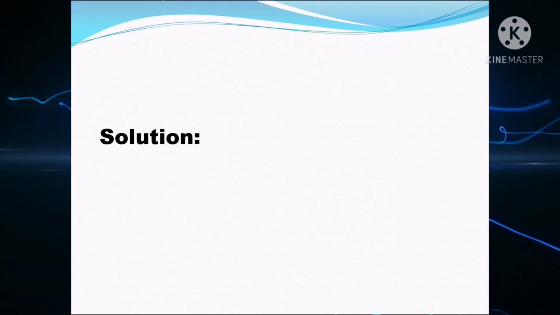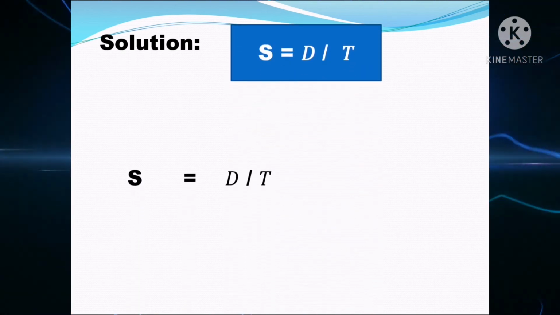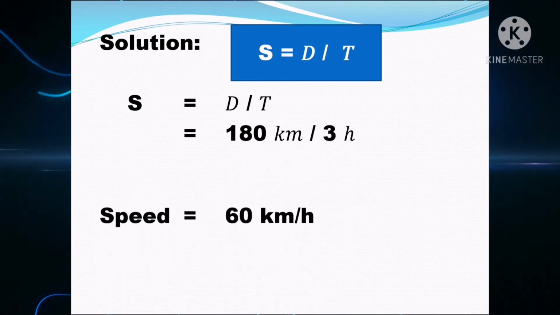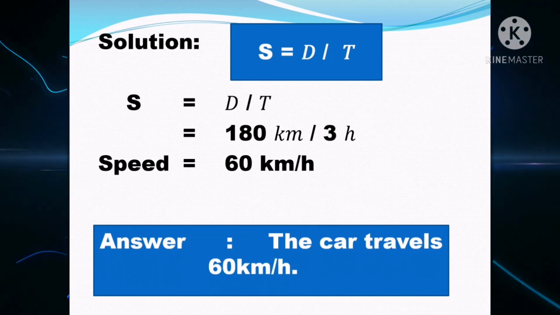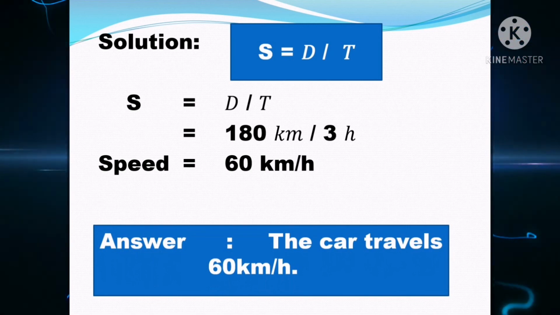So for our solution, we substitute 180 kilometers for distance and 3 hours for time. So our answer for speed is 60 kilometers per hour. So the car travels 60 kilometers per hour.